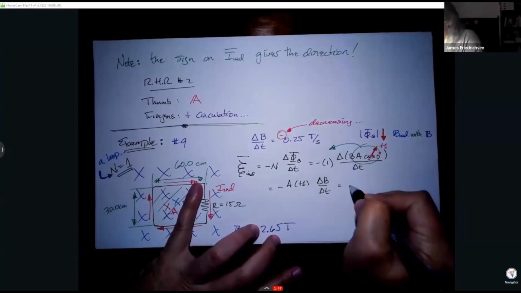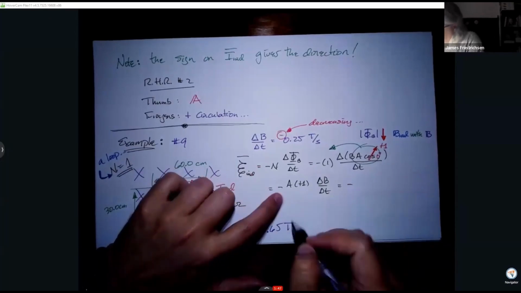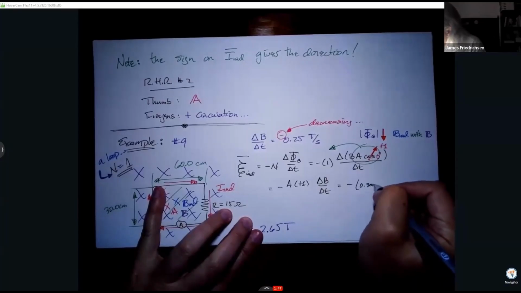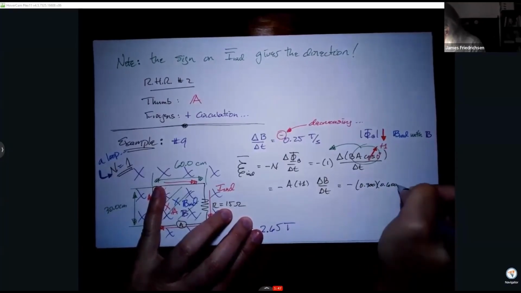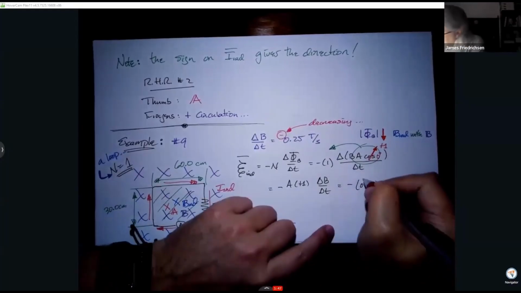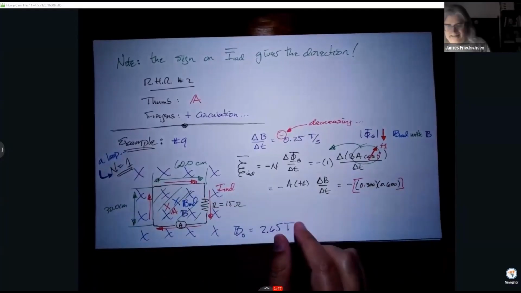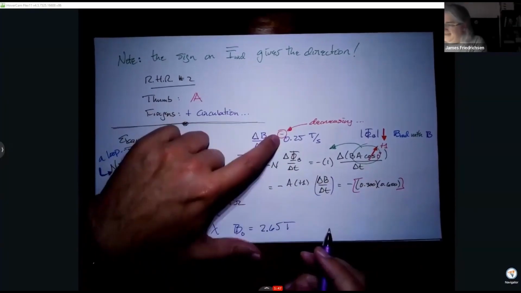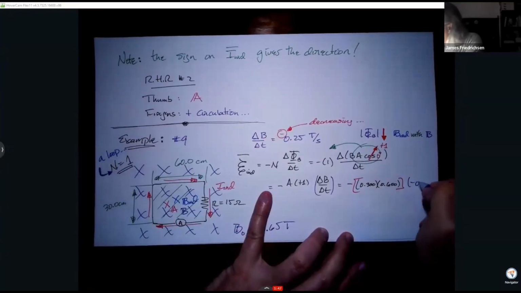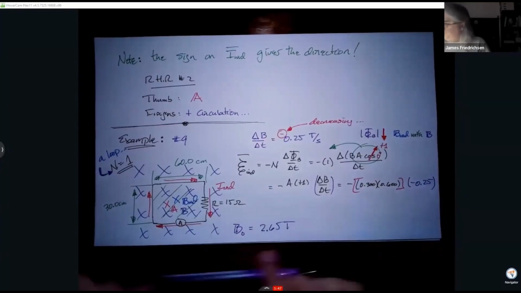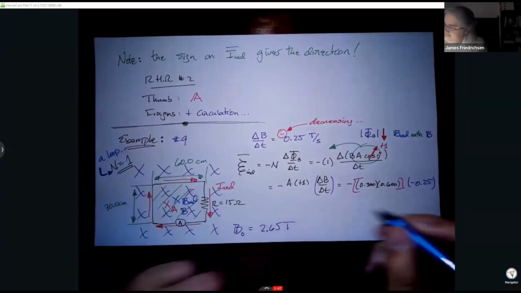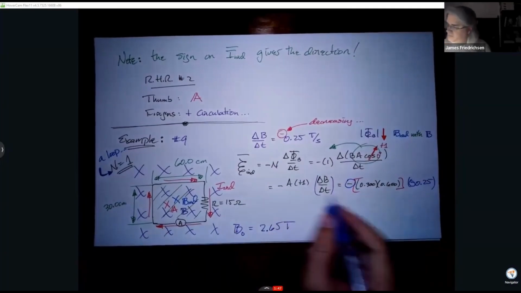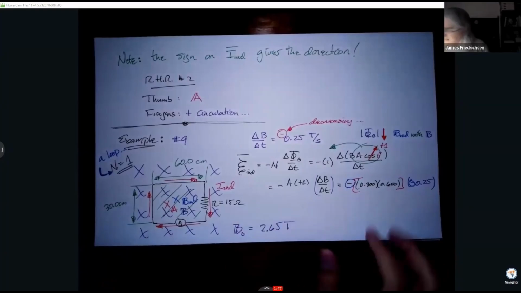And so this will be minus from the Faraday's law. The area is 30 times 60, so we'll take 0.300 times 0.600. Got to make it SI to make sure it all works out. And then the change in the magnetic field per time is the negative 0.25 Teslas per second. Now, what'll happen is this minus sign from Faraday's law and the negative from the decreasing change in B over the change in T, they cancel.